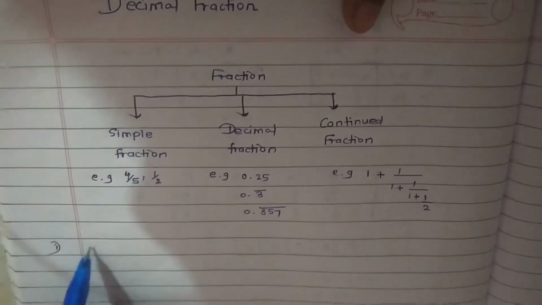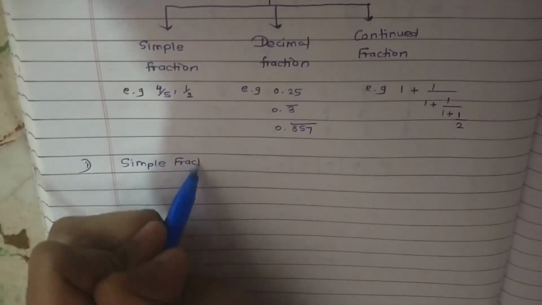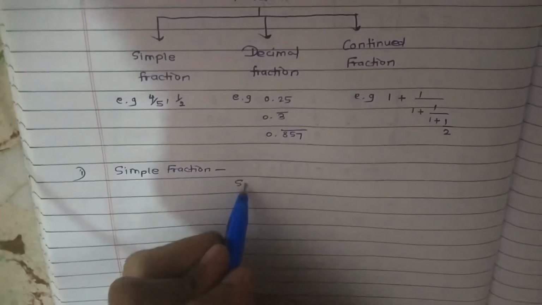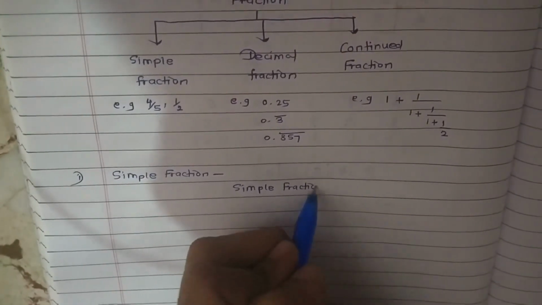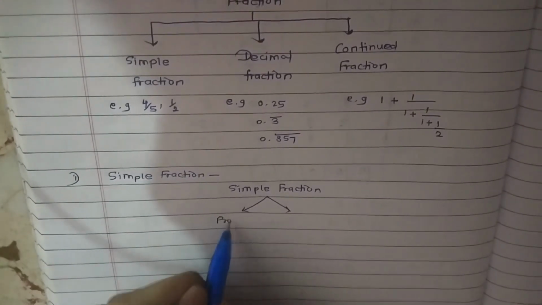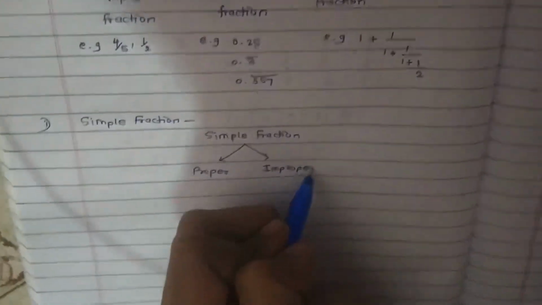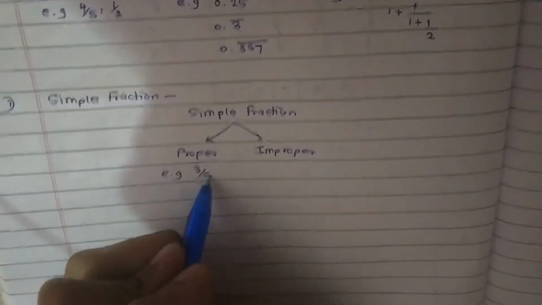What is simple fraction? There are again two types of simple fractions: proper and improper. An example of a proper fraction is 3 by 5.